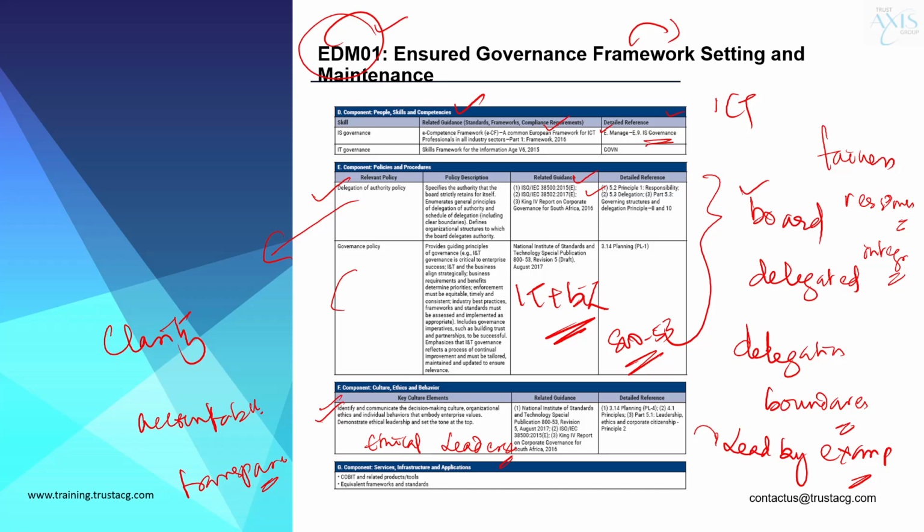How we are going to validate that through the metrics that can be associated with that particular goal, IT alignment goal as well as the enterprise goal, because your enterprise goal drives your IT alignment goals, and your IT alignment goals give you the objectives. And the objective that we are focusing on is EDM01, ensured governance framework setting and maintenance.